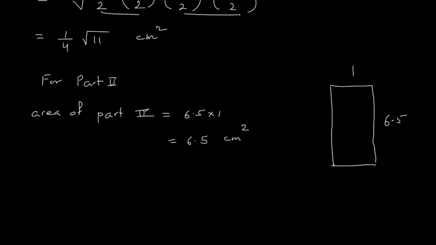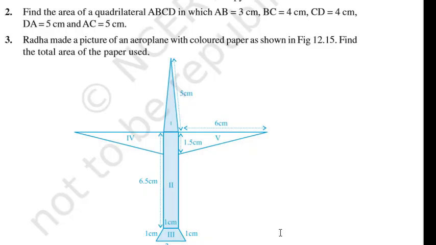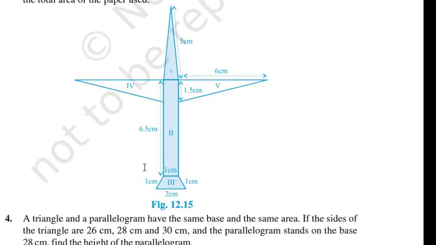Now we will consider part 3. For part 3, if you see, is a trapezium like this. Here it is 1 centimeter, here it is 2 centimeter, and this height is given as 1 centimeter. Okay, so don't confuse, this is not slant height, this is vertical height, is given 1 centimeter.